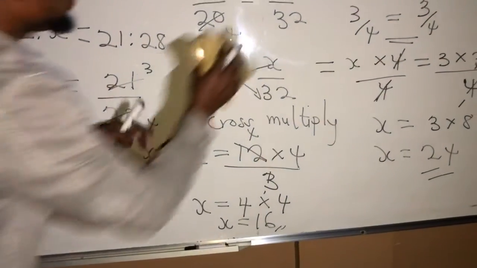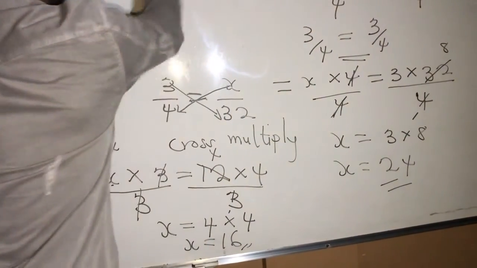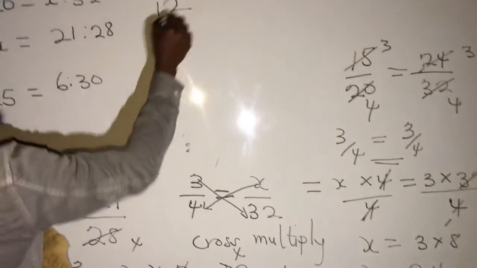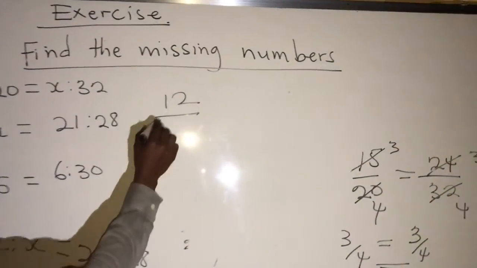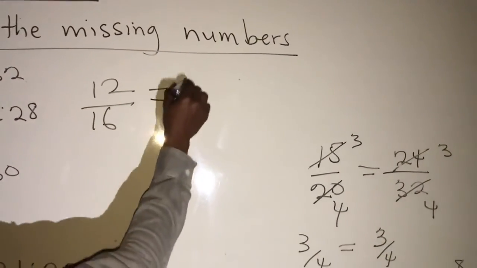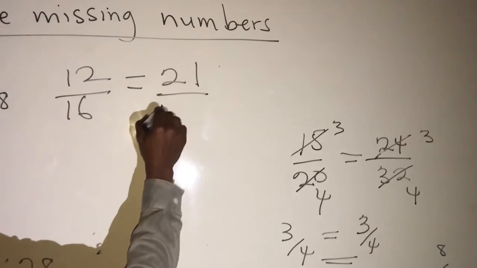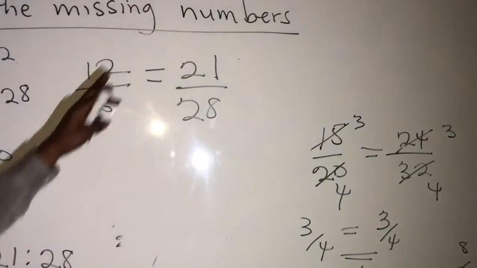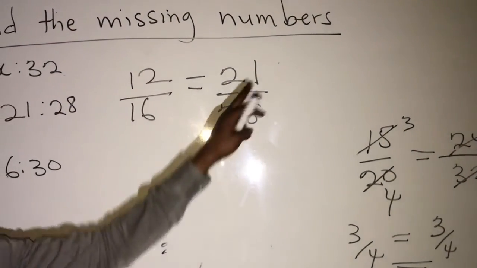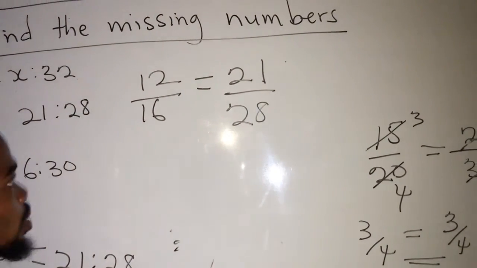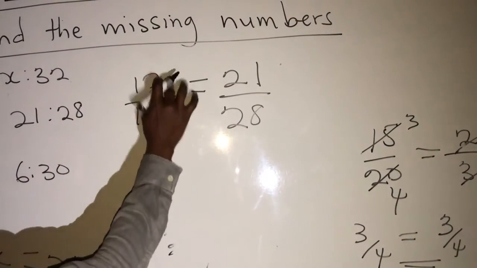So, therefore, we can represent this as 12 divided by 16 equals 21 divided by 28. If I break this fraction down, I'll get an equal fraction. So watch this.